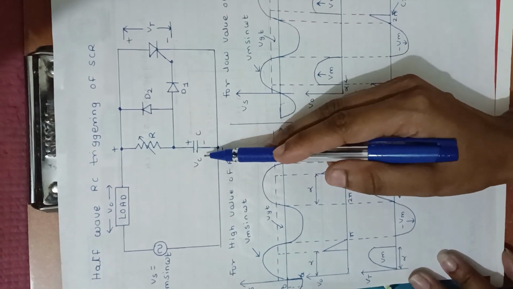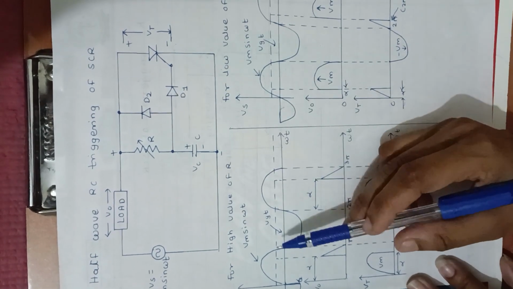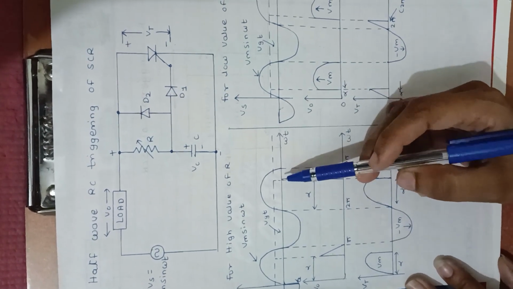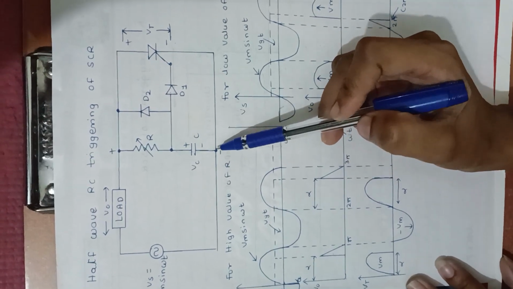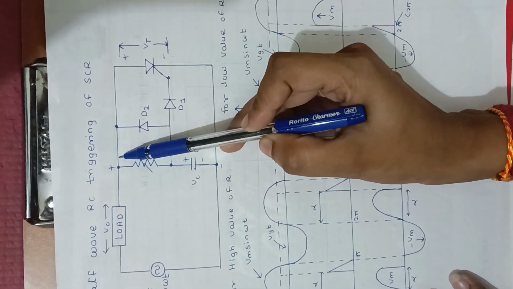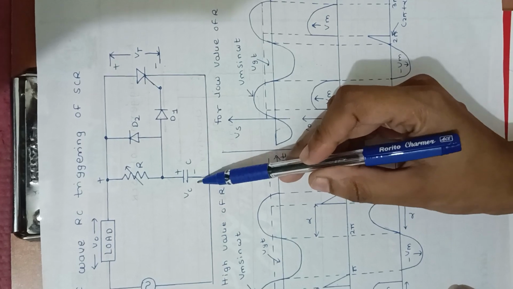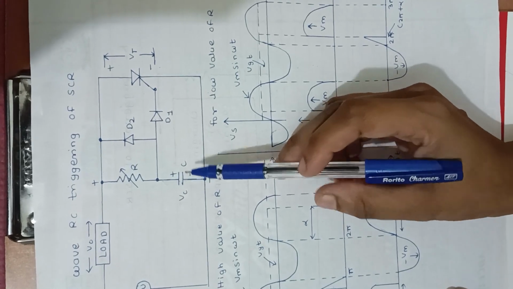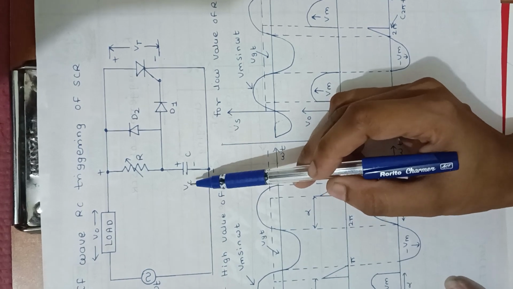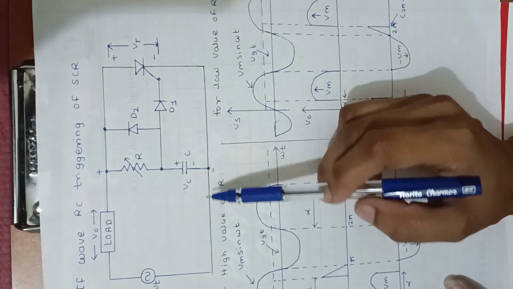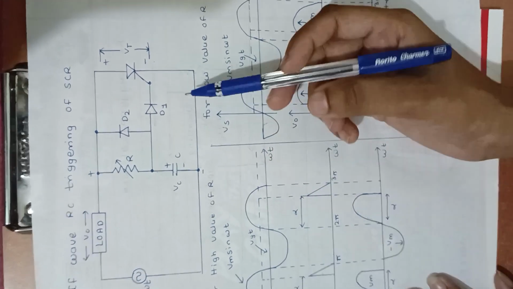This is the basic circuit, and now you can see the sinusoidal wave that we are giving. During the negative half cycle, this terminal is negative and this terminal is positive, and the capacitor is getting charged during the negative half cycle. It acquires VC voltage, and that VC voltage will be almost minus Vm over here.